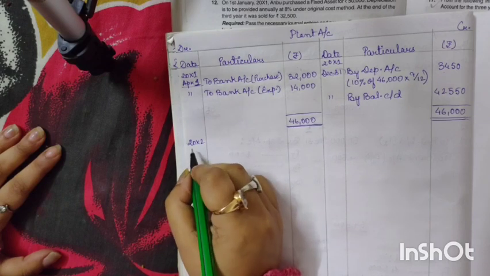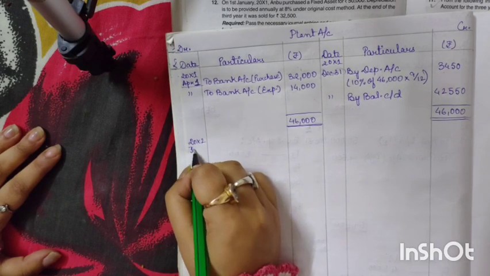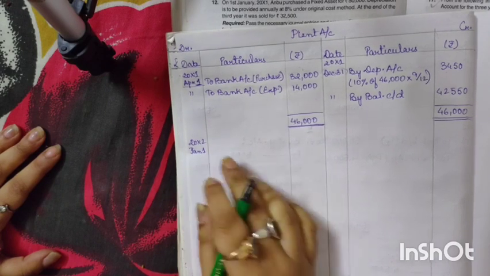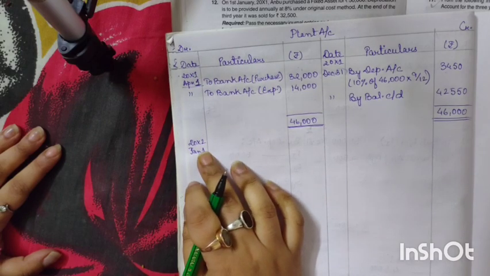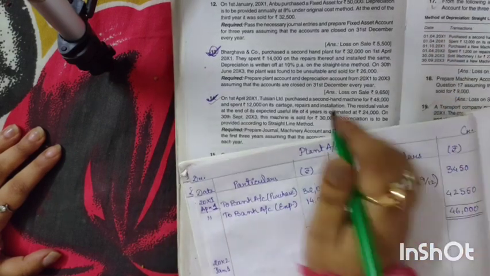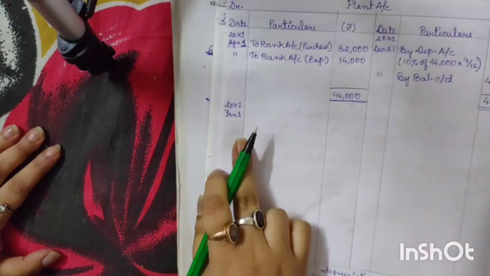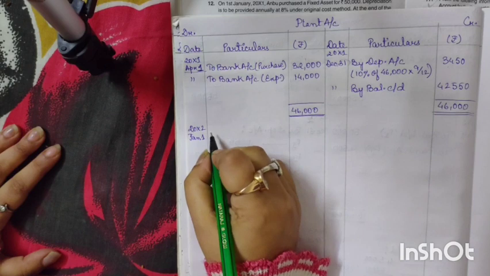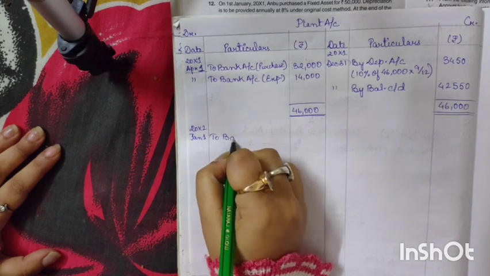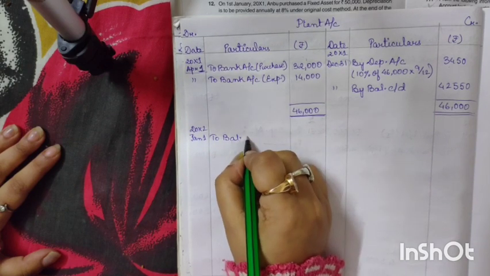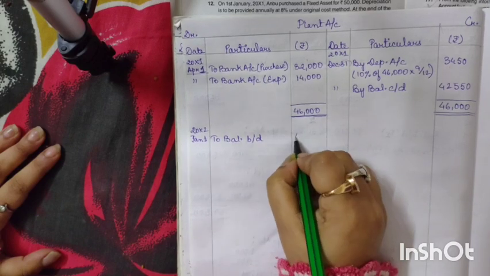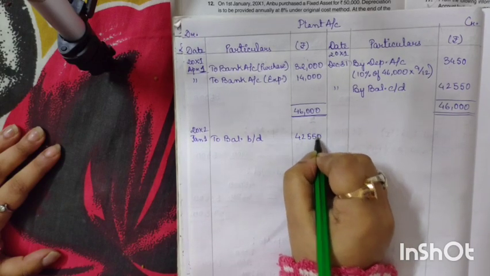Now the year will begin on January 1, since we are following the calendar year here. See here, if December 31st is the year ending, then obviously the year will begin on January 1, right? So here, to balance brought down 42,550.